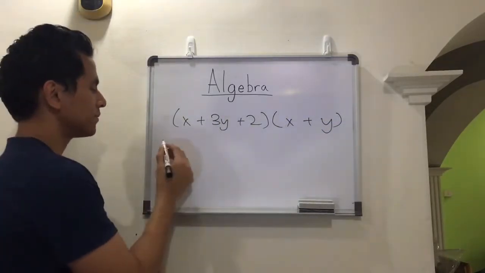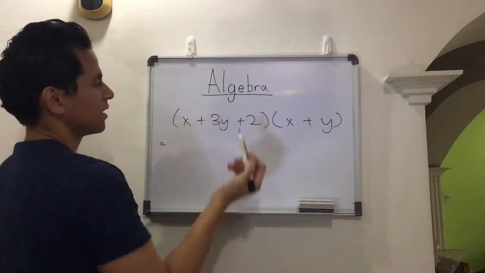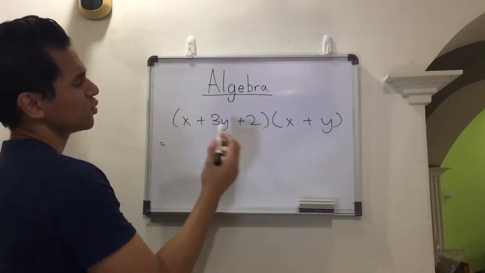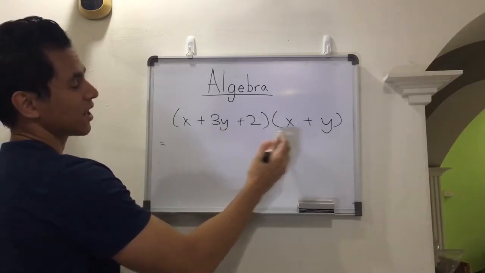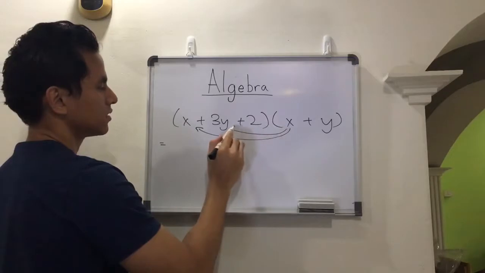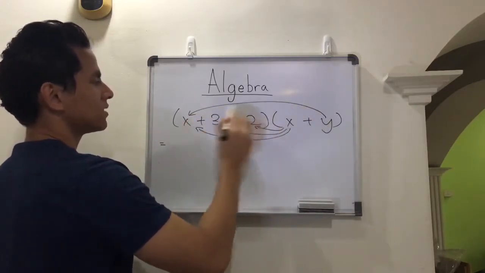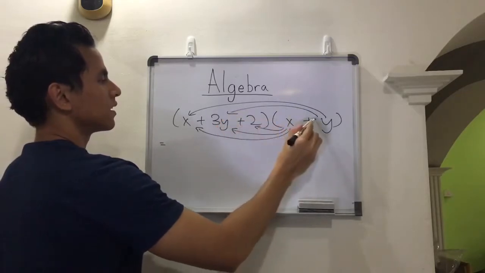So now let's go about doing it. We can actually do it 2 ways, but I prefer doing it from this direction. The x here will multiply with this x, this 3y, and this 2, and this y will multiply with this, this, and this.